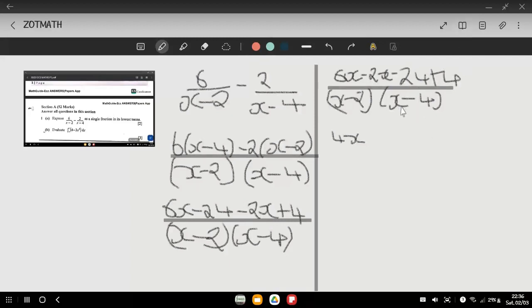You subtract and take the sign from the bigger number. The bigger number is 24, so the sign here will be negative. It will be negative 20.